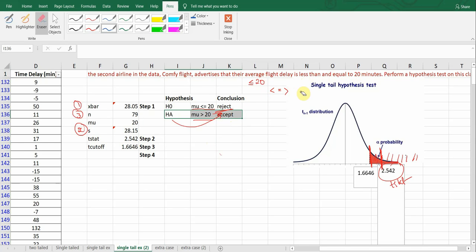So the same question can be asked as the Comfy flight advertises that the average flight delay is more than and equal to 20 minutes.